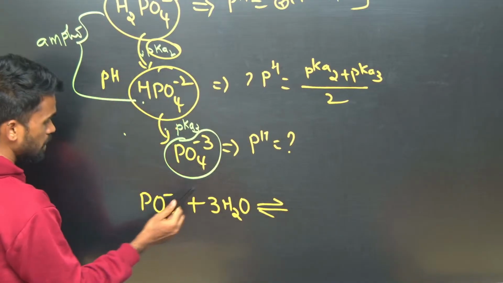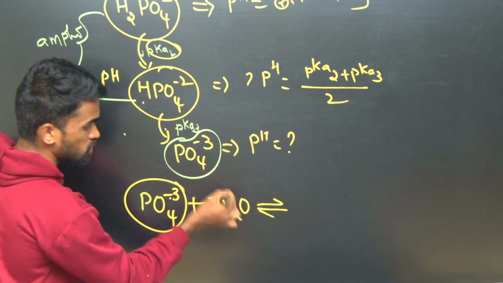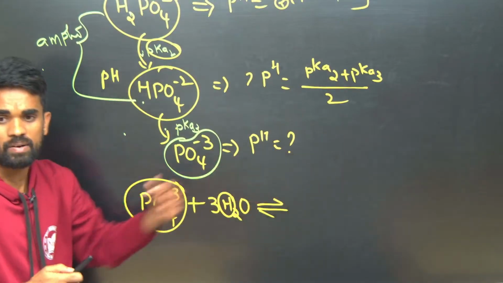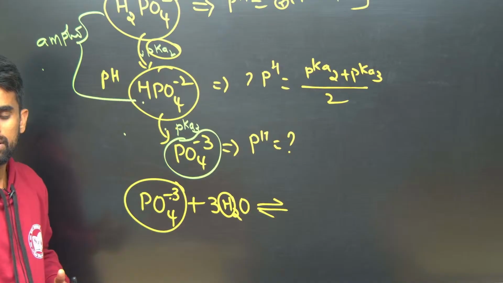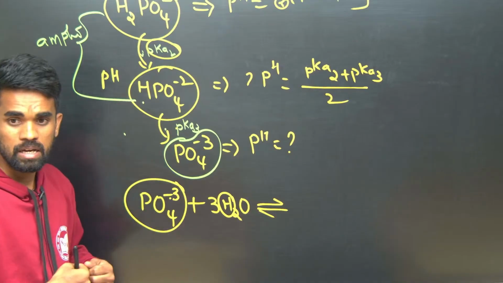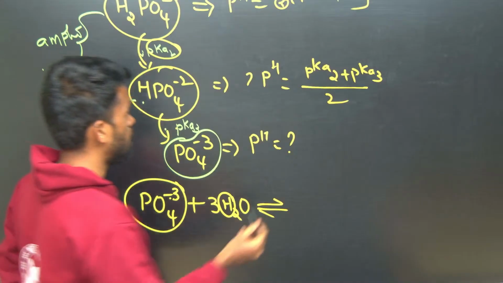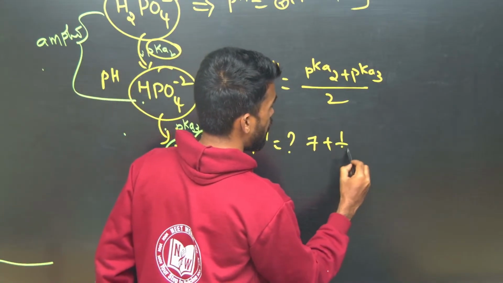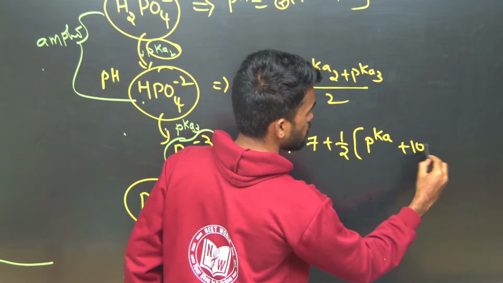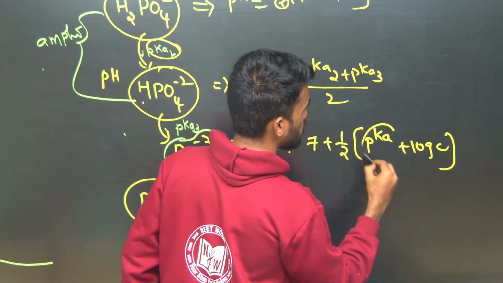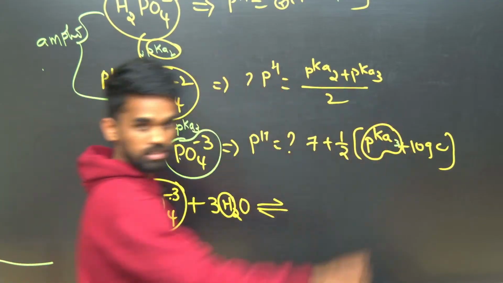It has 3 negative charges, so it will take 3 protons from water, and the remaining ion is OH minus. So the resultant solution will be basic. So use the pH of salt hydrolysis: 7 plus half pKa plus log C. But which pKa should we take? The one before, pKa3. That's it.